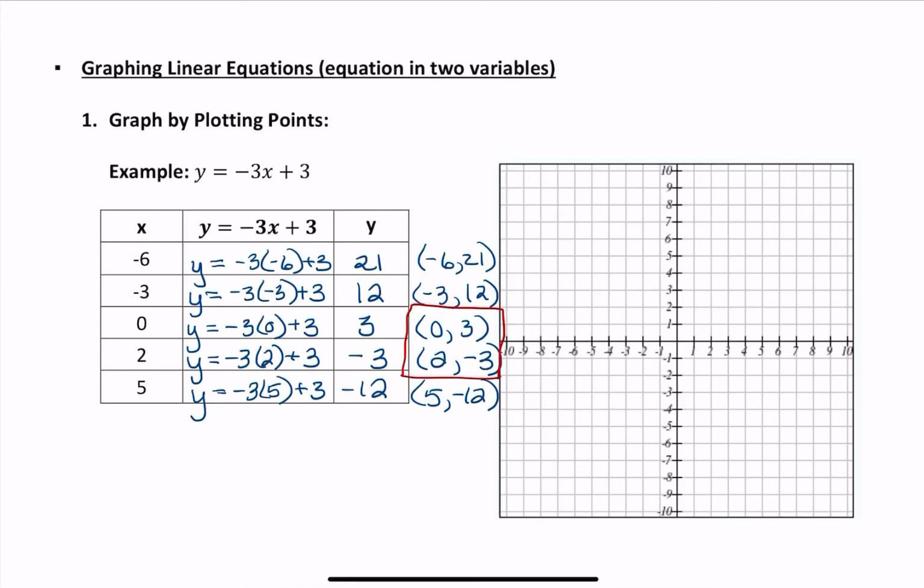And really, for a line, you only need 2 points. So if I'm graphing this, I'm just going to graph 0, 3, and 2, -3. And that will give me the line -3x plus 3.